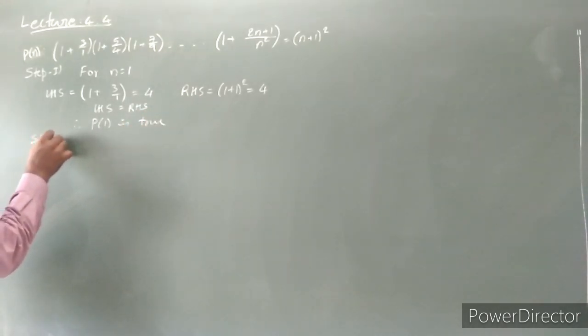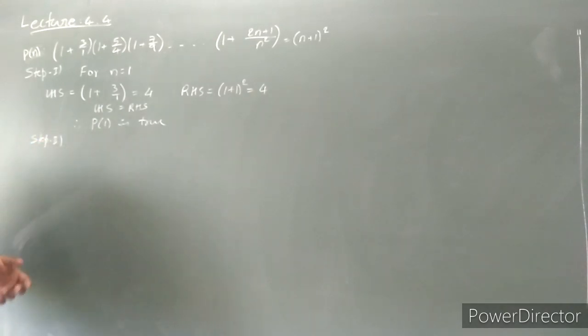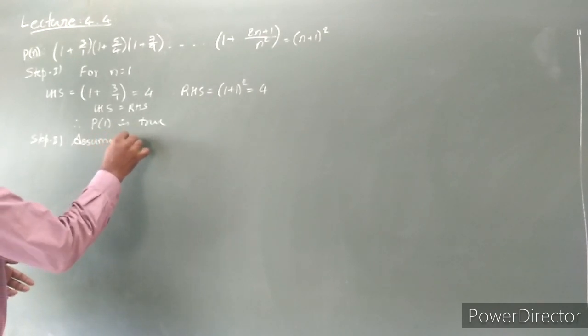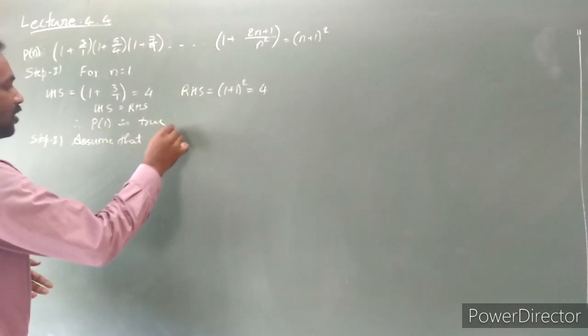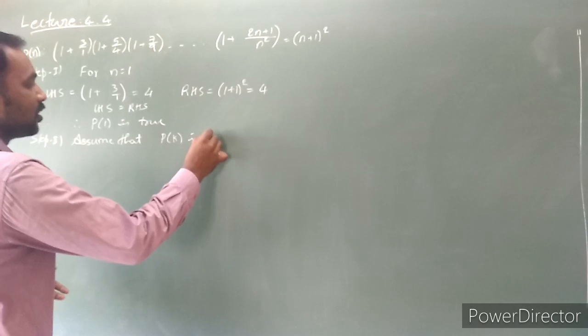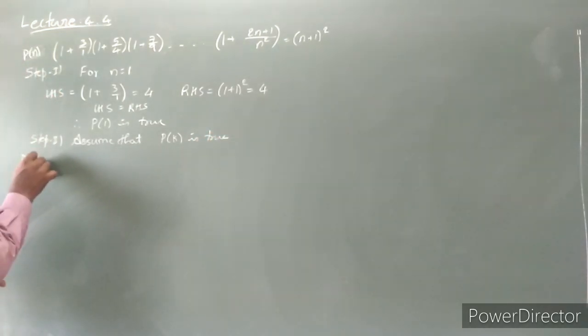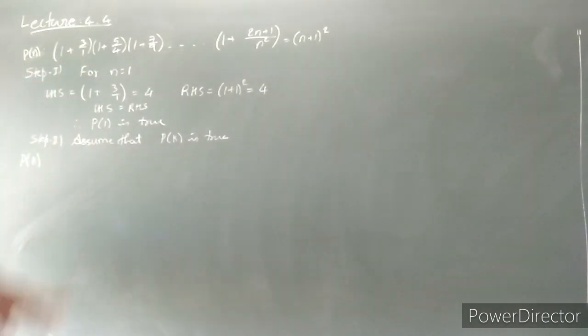Next, step number 2, the assumption step. Assume that P(k) is true. So what will you get for P(k)? Wherever n is there, replace it with k.